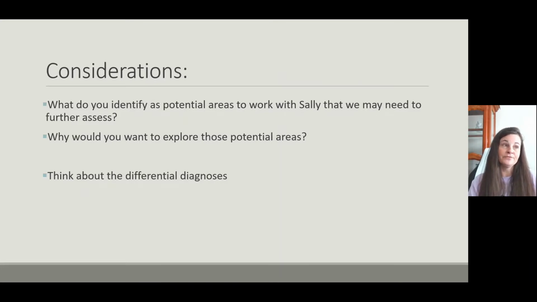Is there any type of substance or alcohol use or abuse, medication abuse that may be going on? So you really want to think about all these different categories to get that bigger differential diagnosis. What are you thinking could be a possibility for this person that you want to either rule in or also rule out?